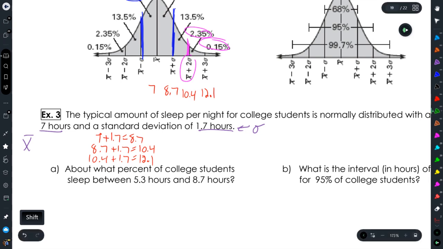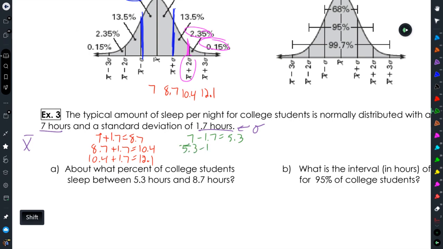And then if I subtract 7 minus 1.7, that's 5.3. 5.3 minus 1.7 is 3.6. And 3.6 minus 1.7 is 1.9. So you have 1.9, 3.6, and 5.3.